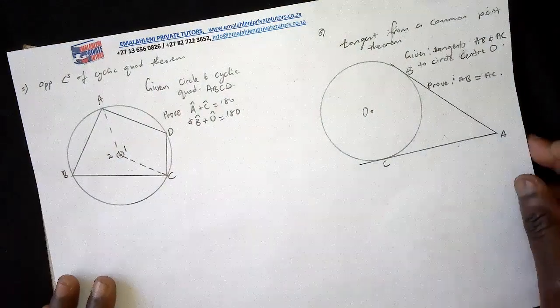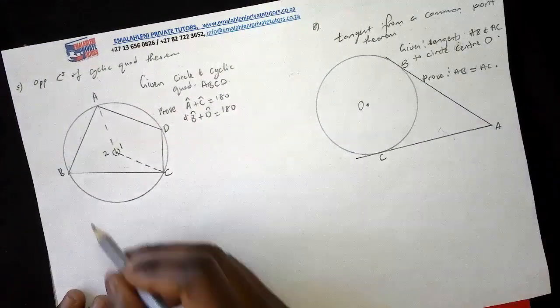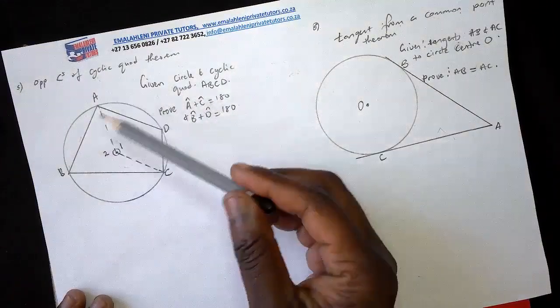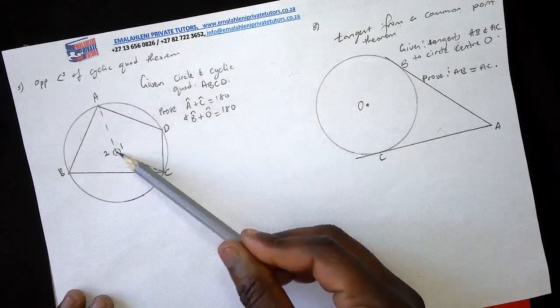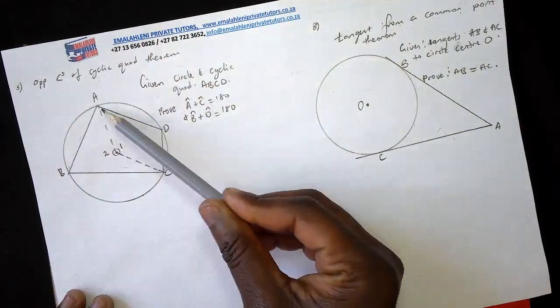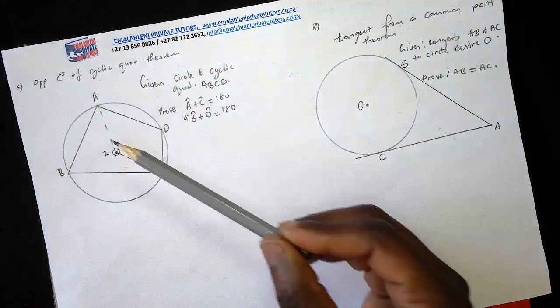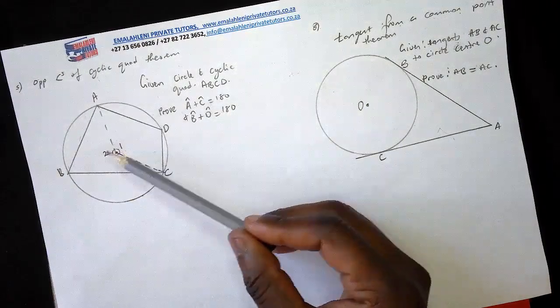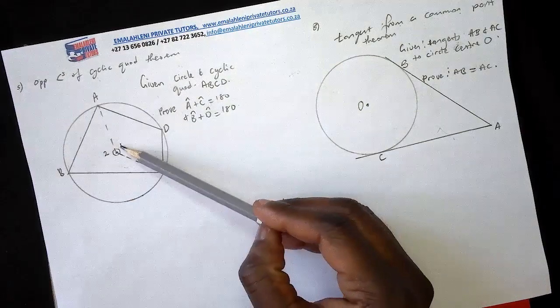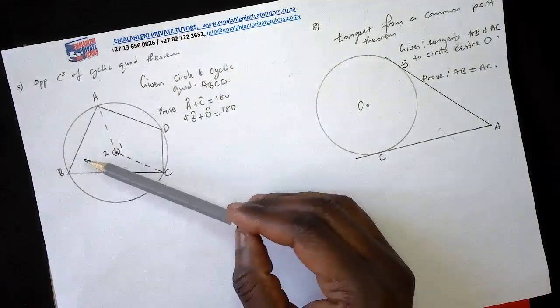Now, we know that AOB is the angle at the center and ABO is the angle on the circumference. So this angle here, O1, is twice this.